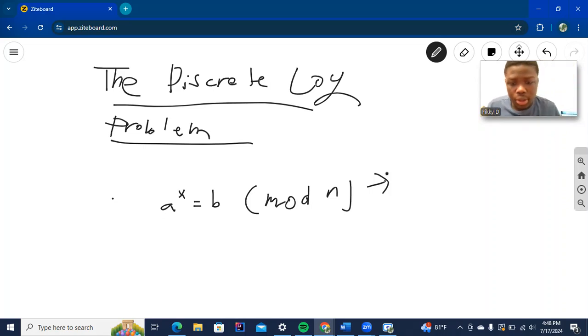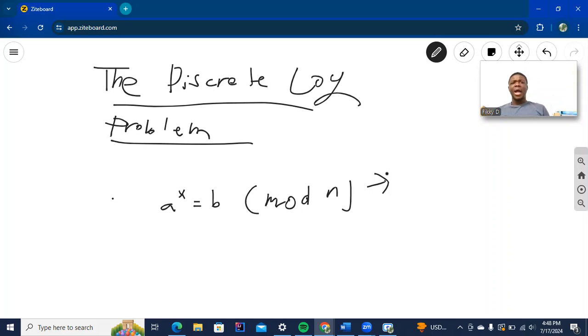Let me say this in words so you understand what I mean by the discrete log problem. It's basically saying, how many times do I need to multiply a by itself to leave a remainder of b when divided by n? Already, that sounds unstraightforward. The regular log problem is just how many times do I need to multiply a by itself to get another number.